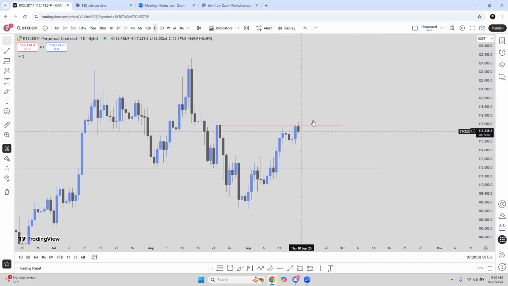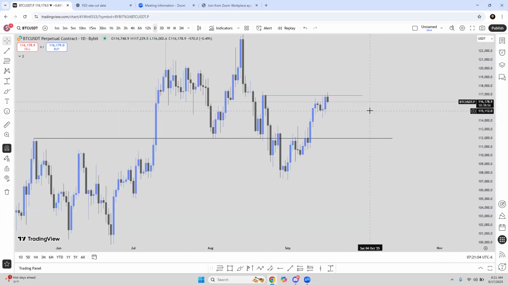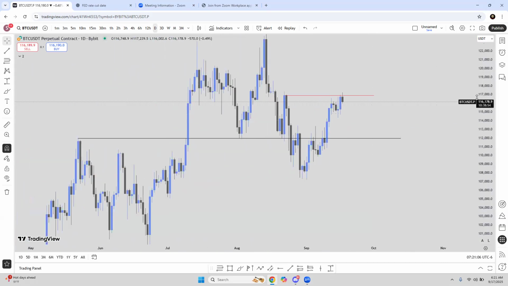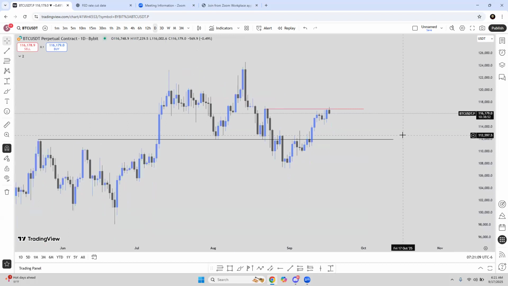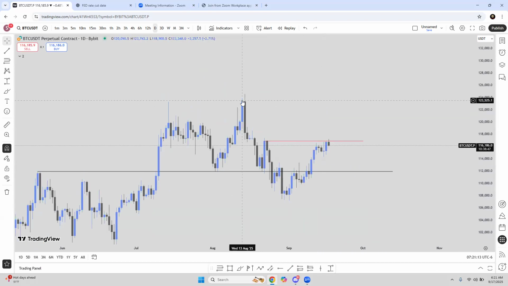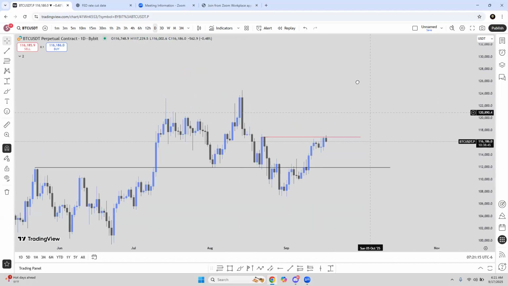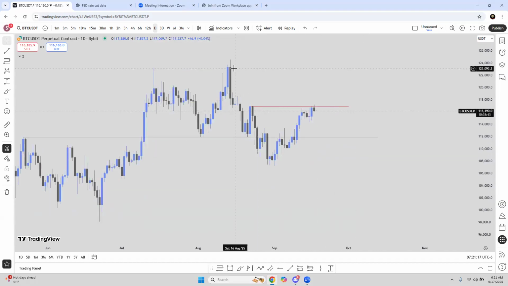If daily closes like this, then this will be invalid because it tapped already, and new resistances and supports will be formed. So this is the important key level below here, above here, and then the final resistance is this one. Right now I don't need to mark it; when price comes up here, then we will see. But this is the important resistance here as well.